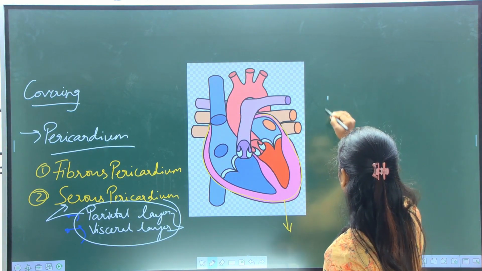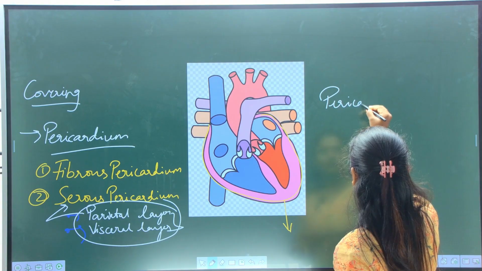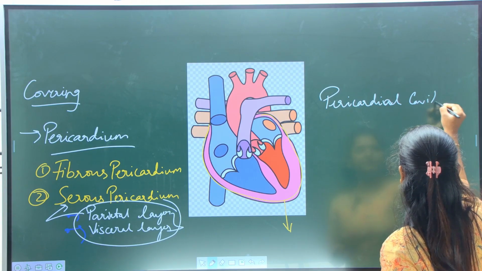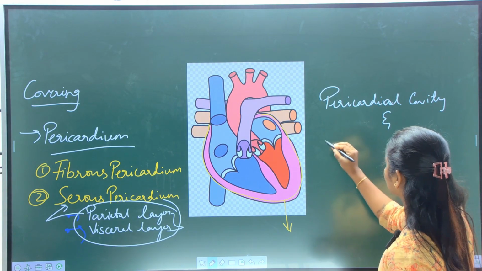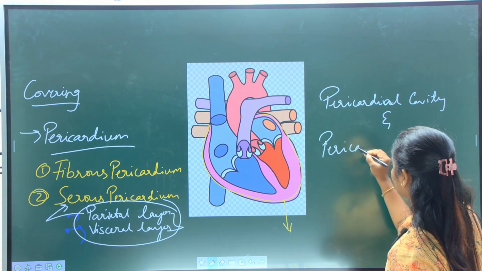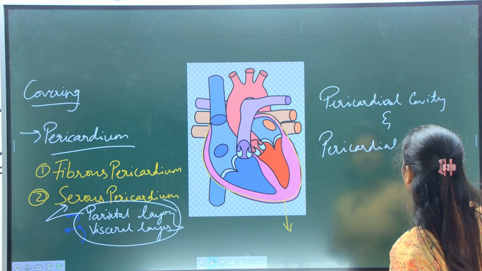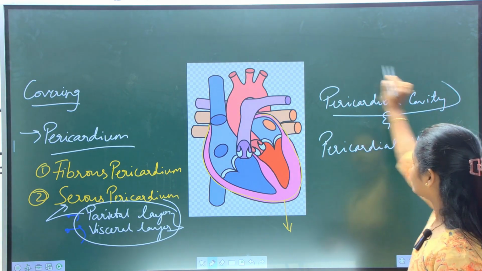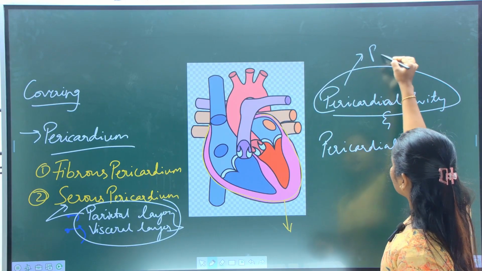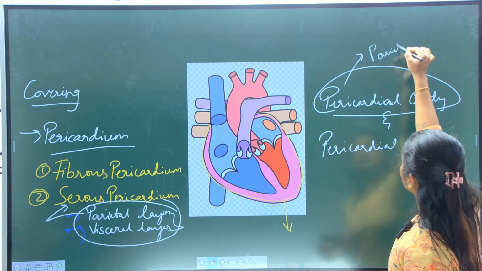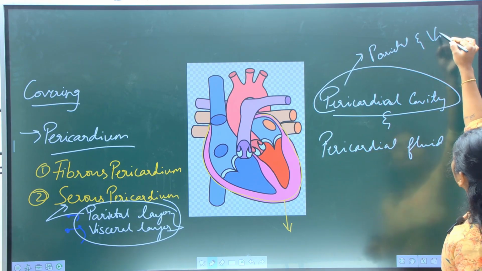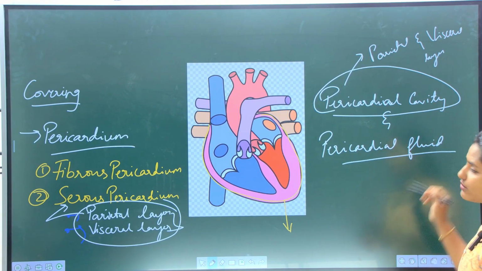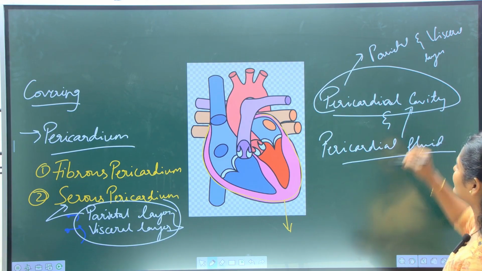The pericardial cavity is present between the parietal and visceral layers, and the pericardial fluid is present in the pericardial cavity.